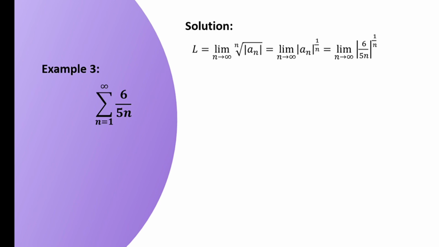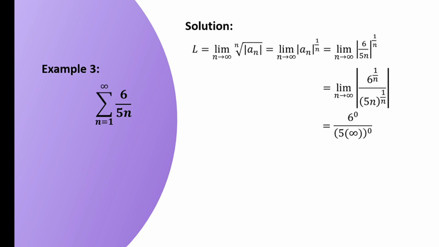Next step, we distribute the exponent 1 over n to our a sub n. So our L now is the limit of 6 raised to the power of 1 over n over 5n raised to the power of 1 over n. To get the limit, we substitute infinity for all the n. 1 over infinity is equal to 0. So our L now is 6 raised to the power of 0 over 5 times infinity raised to the power of 0.